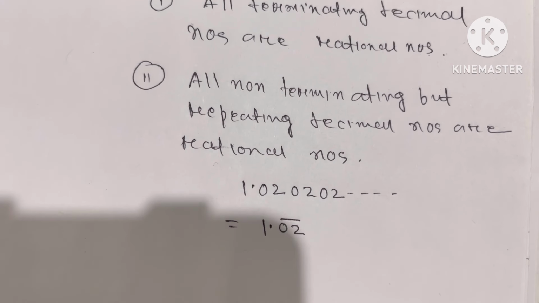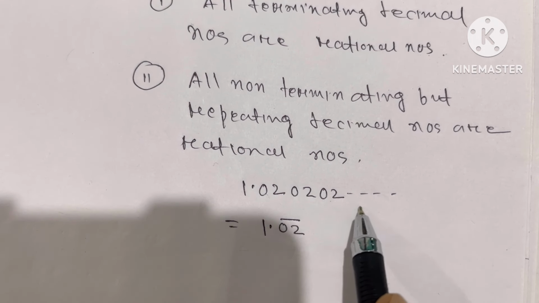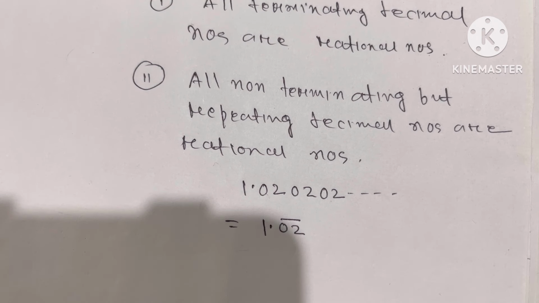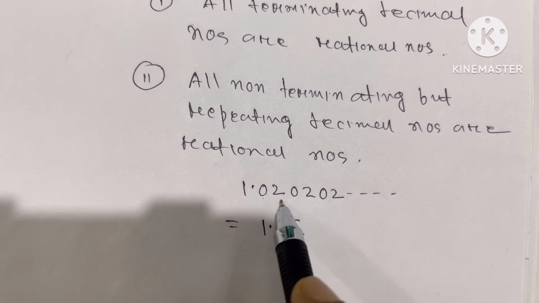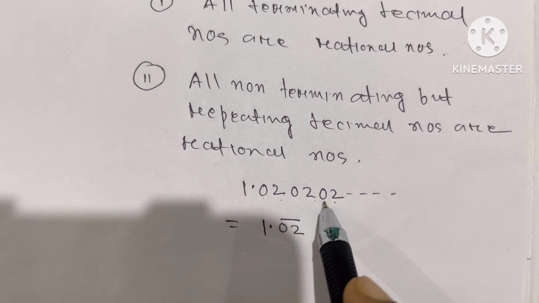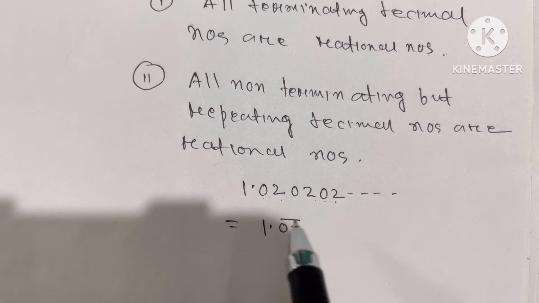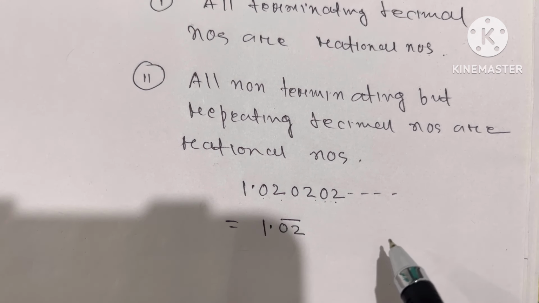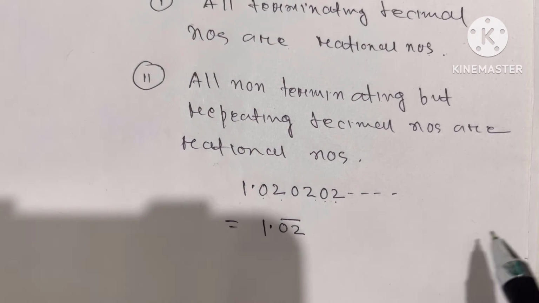This one has many digits after the decimal, infinitely many, but every time the same digits come: 02, 02, 02. So that's why this is non-terminating but repeating. So non-terminating repeating decimal numbers are also rational numbers.